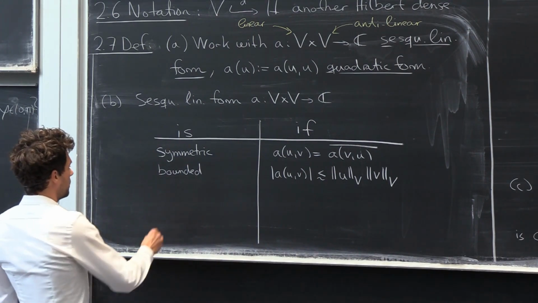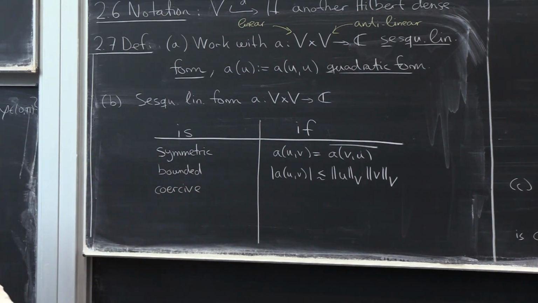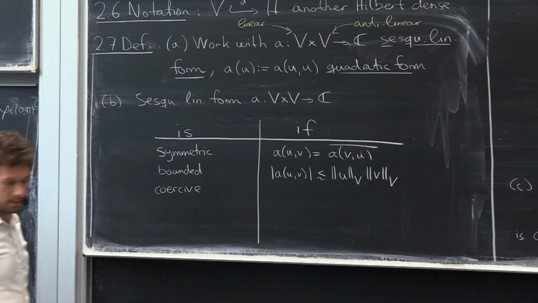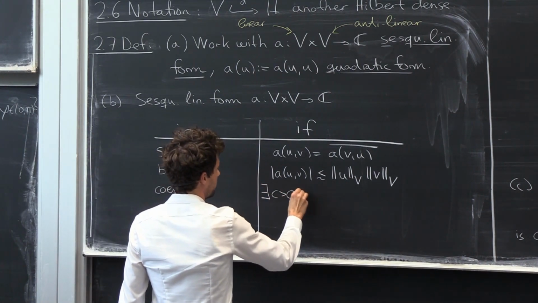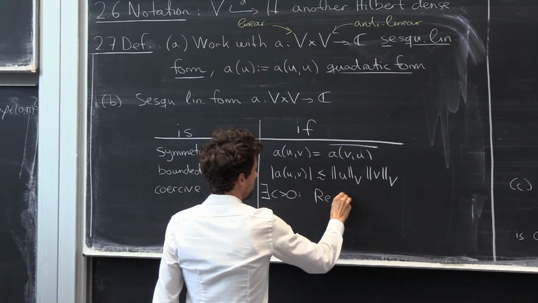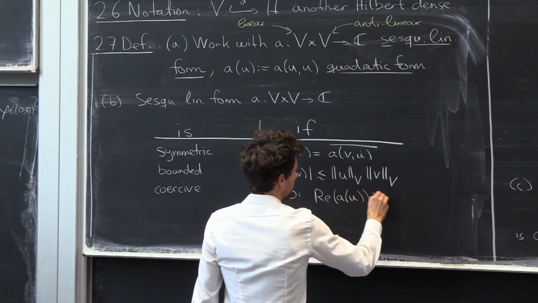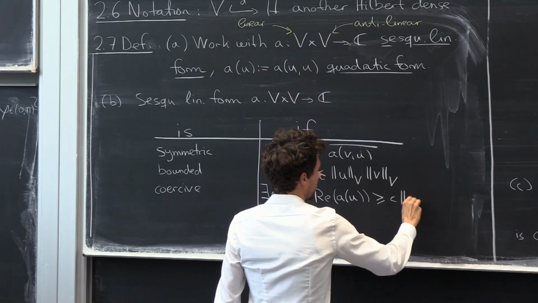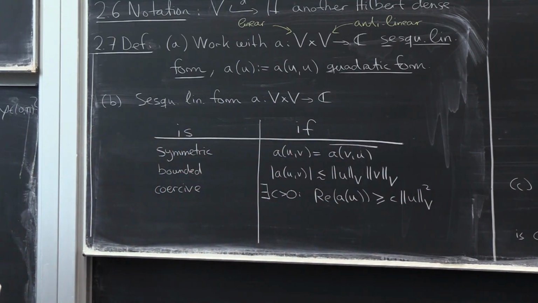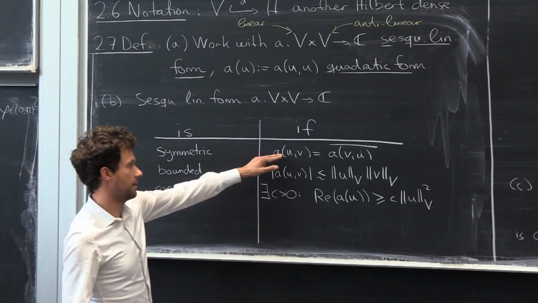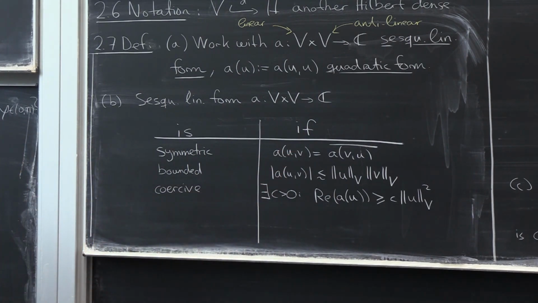You will also recall the notion of coercivity of a form. I say that the sesquilinear form is coercive if there exists a positive constant such that I can bound the real part of A of u from below by the V norm of u squared. Now these statements are of course to be read as follows: if there are no quantifiers on u and v, then it's going to be all u and v in V.